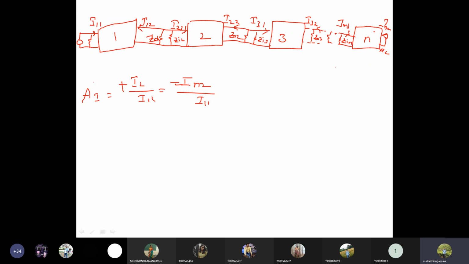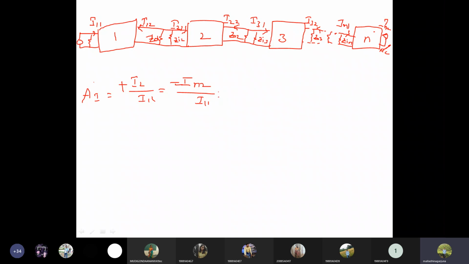Why? Because if you go here, the load resistance here is RL, no? And you see the direction of this IN2, they are in opposite directions. So minus IN2 equals IL.